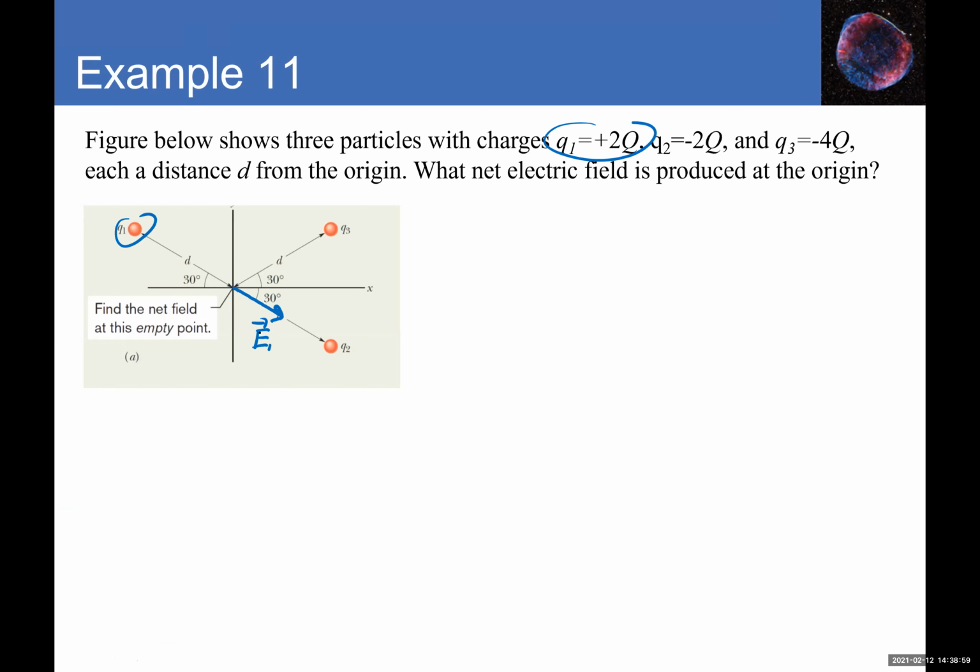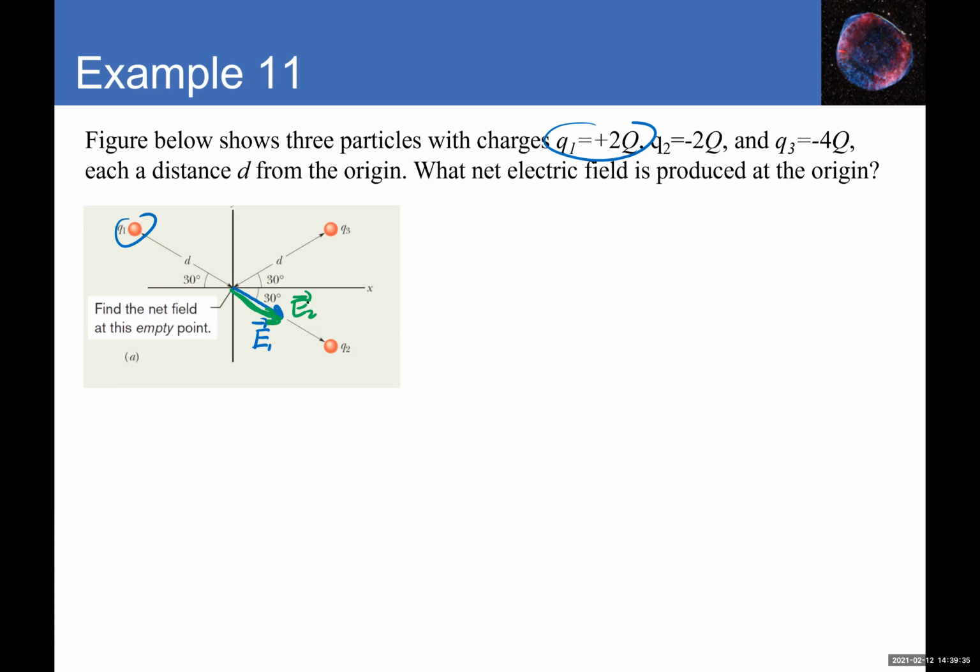Q2 is a negative charge, and it's going to have an electric field at point P, the origin, based on the positive and negative source charge rules we learned. Because charge 2 is negative, it is going to be toward it, but again in the same direction. I'll make it a different color, like this. So this is E2.